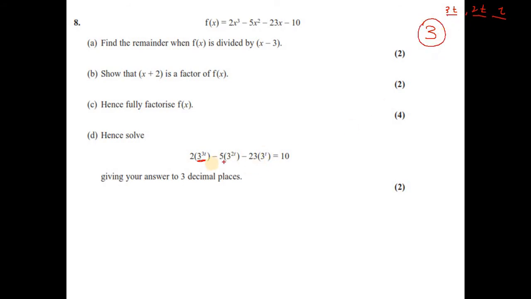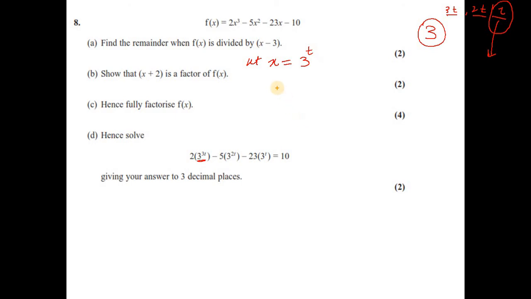In these types of situations or questions, if we need to solve them, what do we do? We always assume the least term as a new variable. So I'm going to assume, I can take any variable, let x be equal to 3 to the power t.